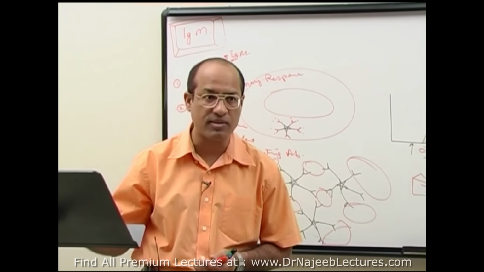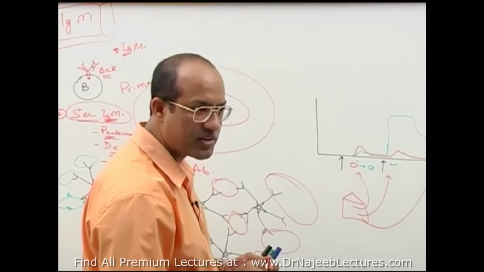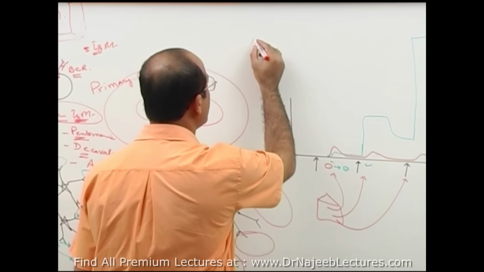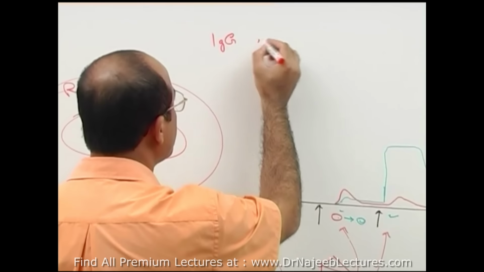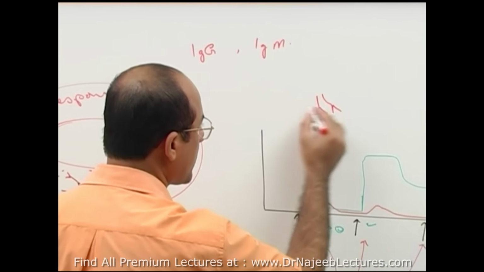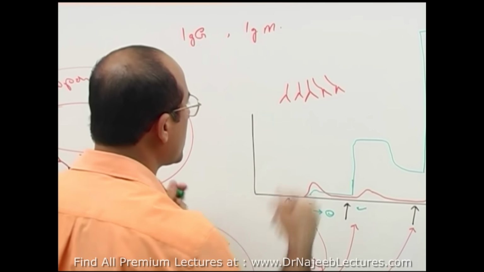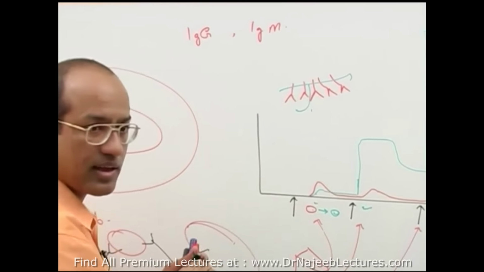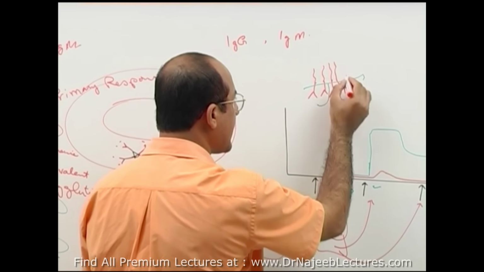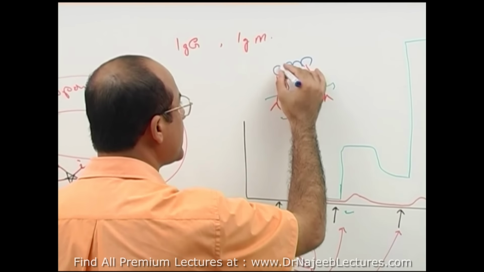Then another thing about IgM is that IgM can activate complement, right? You know, complement proteins are produced by the liver. There are 2 antibody classes which can activate complement: number 1 is IgG and number 2 is IgM, because IgM antibodies are 5 units held together by J chain. The Fc portion of IgM can bind complement proteins and activate complement.